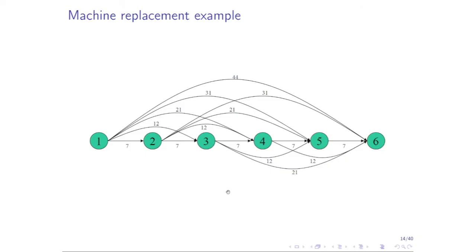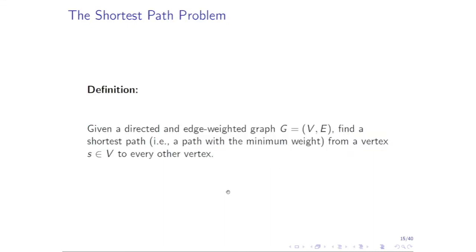Now let me formally define the shortest path problem in graph theoretic terminology, and after that I will show you how to solve this problem. Formally speaking, a shortest path problem is defined on a directed and edge-weighted graph. We can say something like a transportation network.